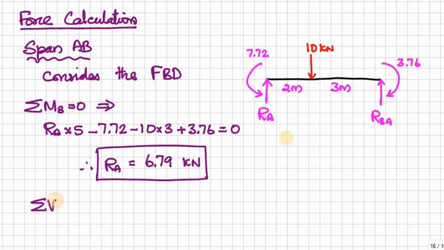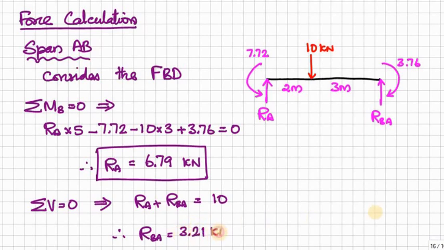Now applying sigma v is equal to 0, upward loads is equal to downward loads. Therefore, RA plus RBA is equal to 10 kilonewton. Already we know RA, therefore RBA is equal to 10 minus RA, which is equal to 3.21 kilonewton.